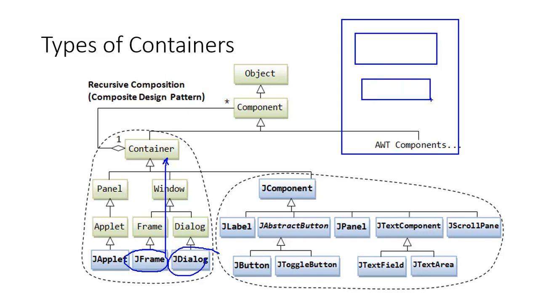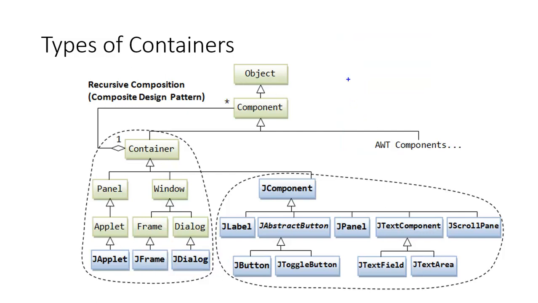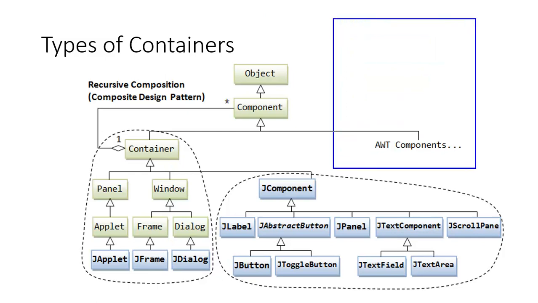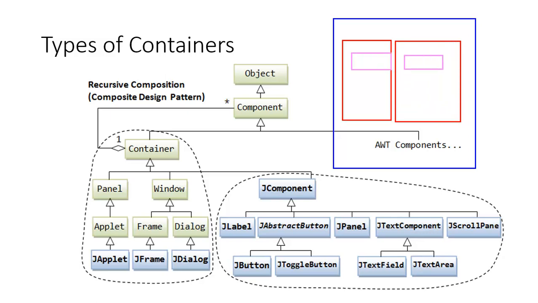You cannot put them because they are top level and they can appear only at the top of the hierarchy. You cannot create a hierarchy, that is one container inside which you have other containers, inside which you may have some other container. This kind of hierarchy cannot be created using the top level container.